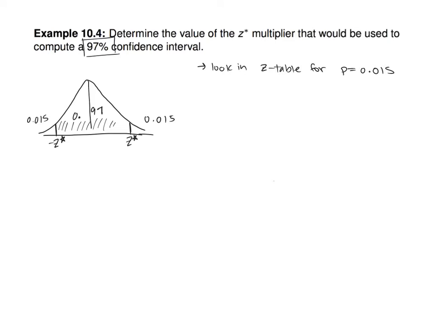Hold on a second, I gotta find it. Negative 2.17. So I see one that is actually 0.0150. Did you guys see that? Negative 2.17? Yeah. So this value right there is negative 2.17.